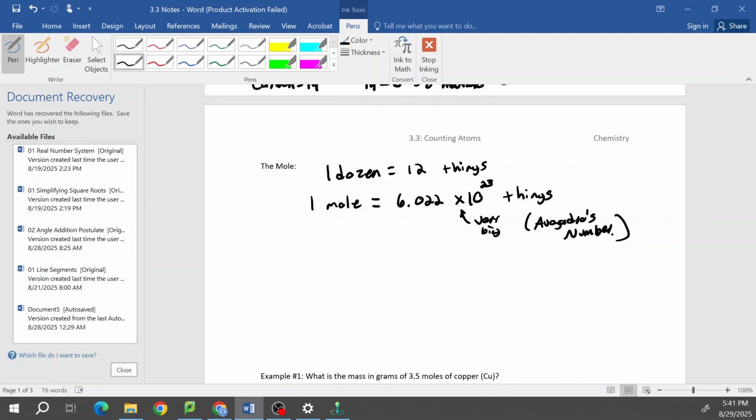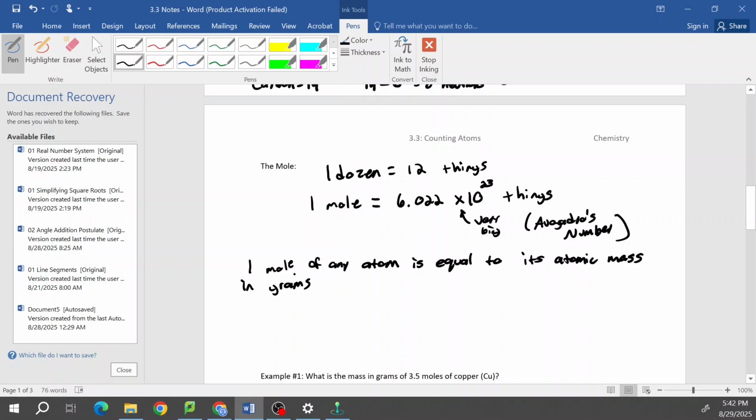Now, 1 mole of any atom is equal to its atomic mass in grams.